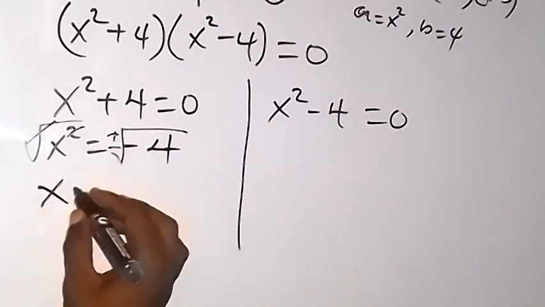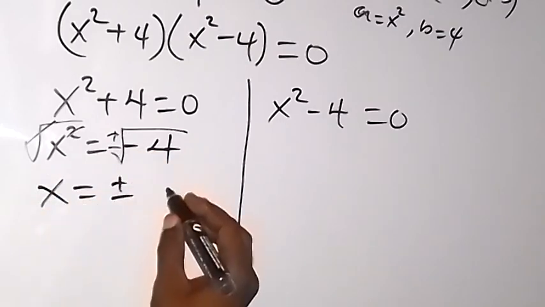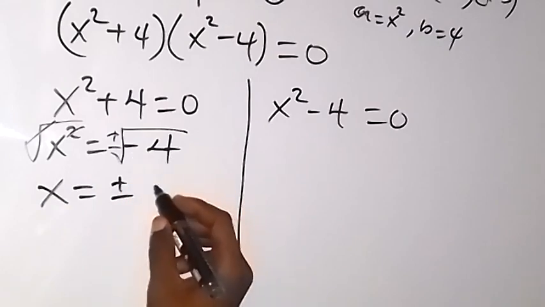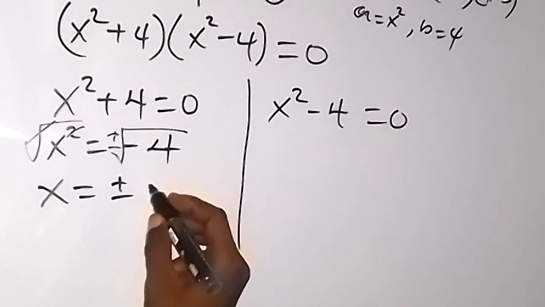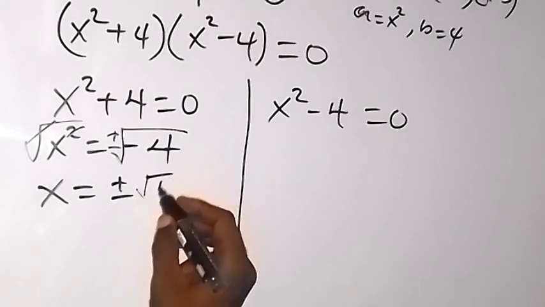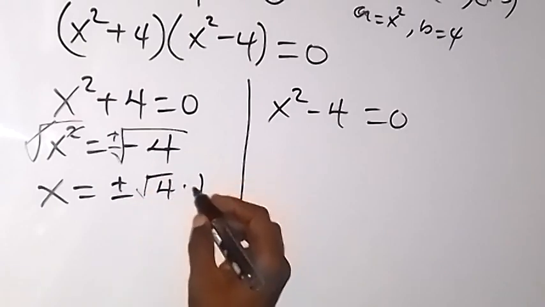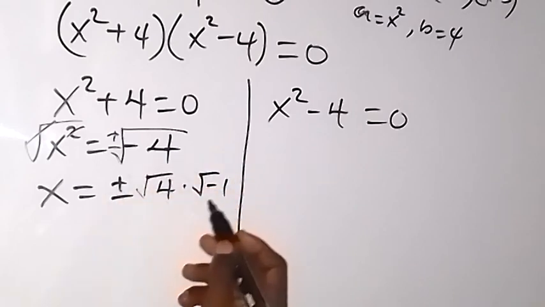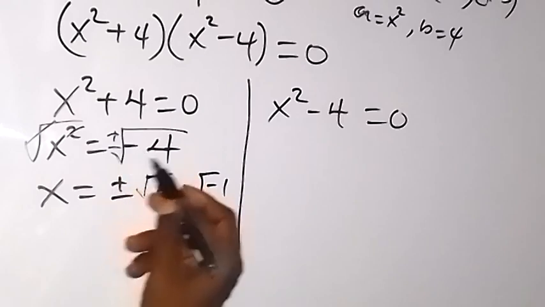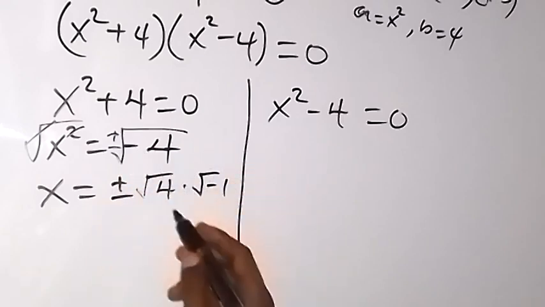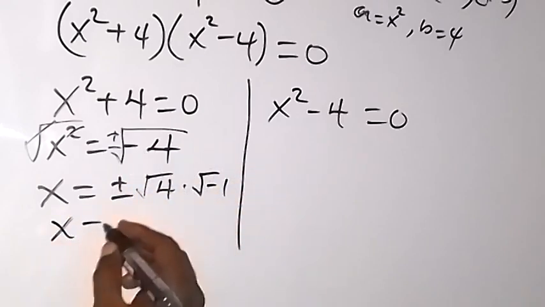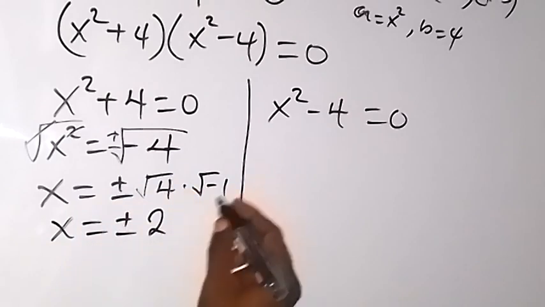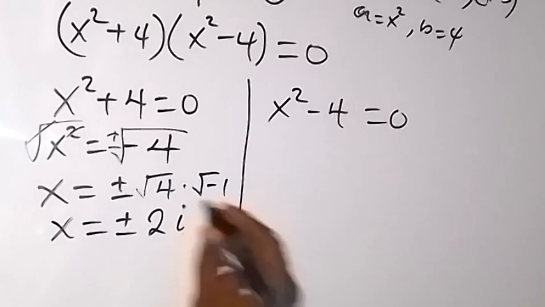So we have x is now equals to plus or minus square root of 4 multiplied by square root of minus 1. So square root of 4 times square root of minus 1 is the same thing as square root of minus 4. And square root of minus 1 is i. So we have x equals to plus or minus square root of 4, that's 2, then root minus 1 is i.